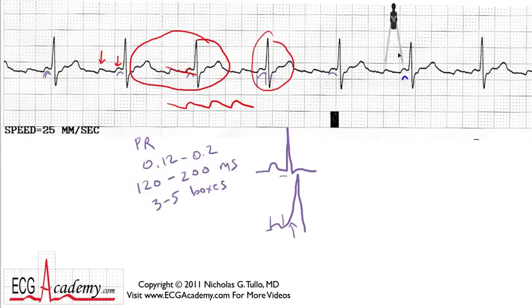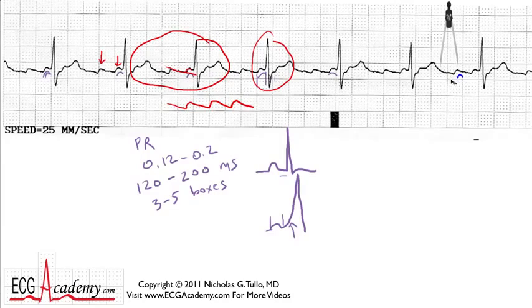You have these two, which are a little bit slower than 300 beats per minute, probably about 275 beats per minute. And then if you measure on over, you see that there's actually a bump on the very beginning portion of the T wave. And so if you put your caliper lines on that, then you're reading the end of the T wave.